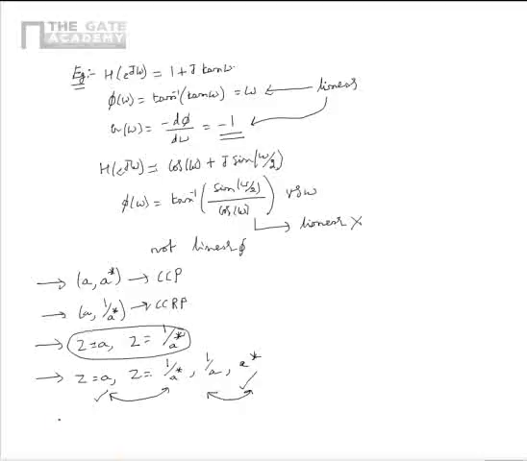So for example, if we consider an LTI system which can be expressed as H(z) equal to (1 minus 2 e^(j pi by 3) z^-1) multiplied by (1 minus b z^-1).